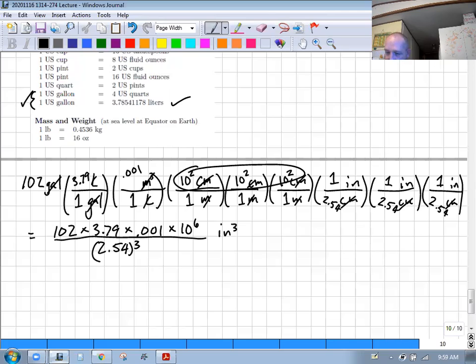There you go. All right, and the rest of this is just plugging it into your calculator, which we can do in Wolfram here.